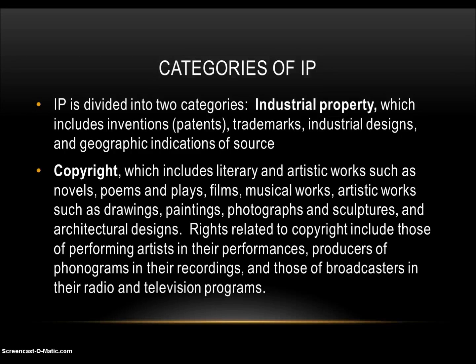Also, there is copyright, which includes literary and artistic works such as novels, poems, and plays, films, musical works, artistic works such as drawings, paintings, photographs, and sculptures, and architectural designs. Rights related to copyright include those of performing artists in their performances, producers of phonograms in their recordings, and those of broadcasters in their radio and television programs.